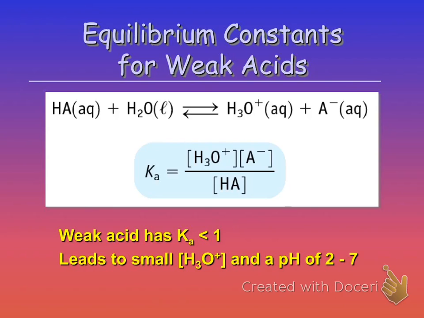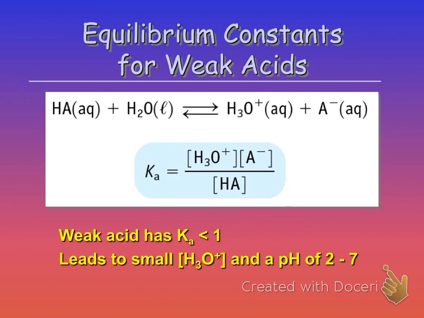So we want to think, okay, well, how much does actually dissociate? So we use this thing called Ka, which is the equilibrium constant, K, the same K we used in the previous chapter, but the subscript A references, okay, this is an equilibrium for an acid. I've just got a general equation on the board here. We've got the hydronium ion, which is H3O+, and then the conjugate base, so the A negative.